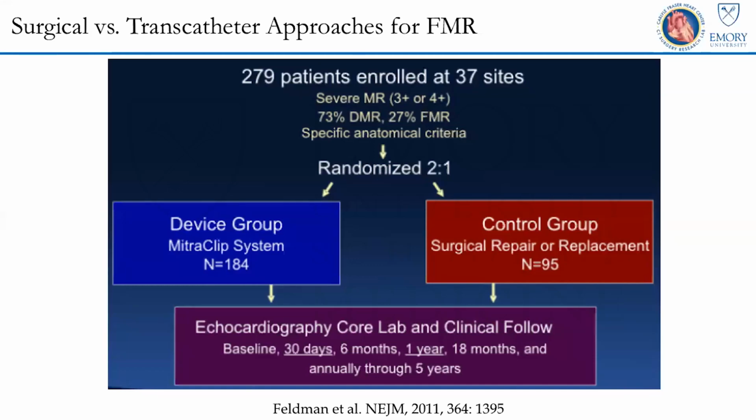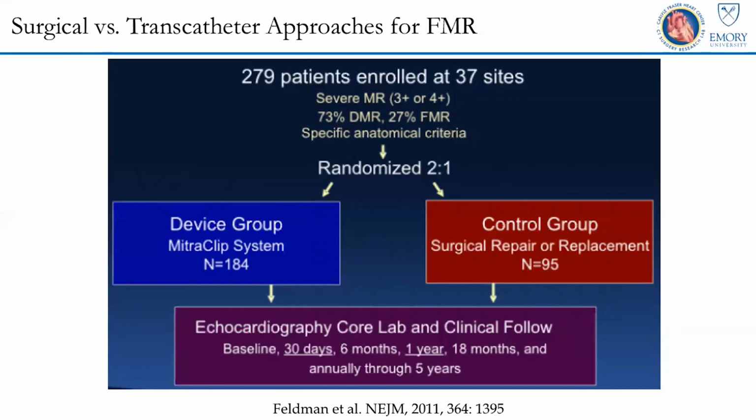One of the biggest challenges with this trial is that they had considered mitral regurgitation of all etiologies, meaning that 73% of the patients actually had degenerative or primary mitral regurgitation, and only 27% had functional mitral regurgitation.